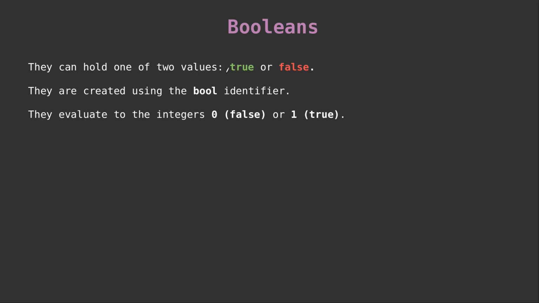Booleans can hold only true and false, which are actually built-in keywords in C++. They are defined by the bool identifier, and in reality they are integral types. They evaluate to 0 for false and 1 for true.